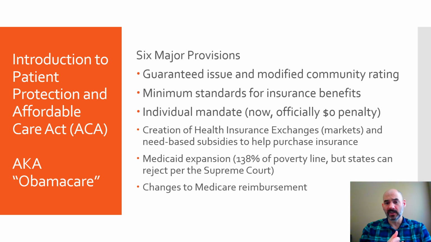Especially if we're using a community rating system, which is going to charge them a higher premium than their willingness to pay, we're going to require that they buy health insurance, which is going to resolve the adverse selection problem for the insurers.